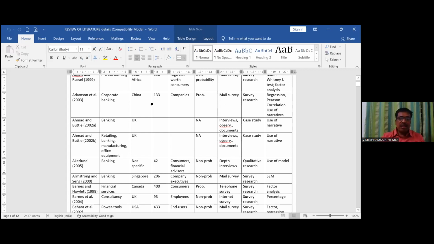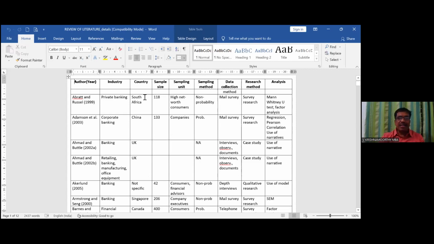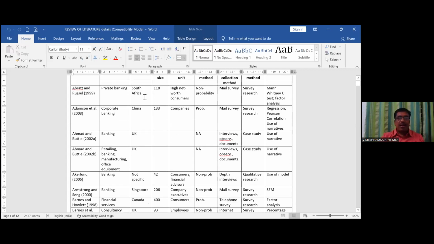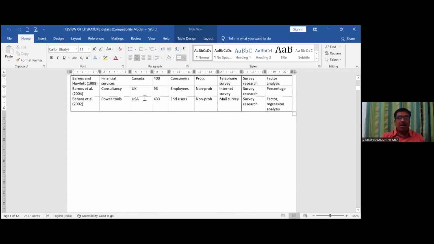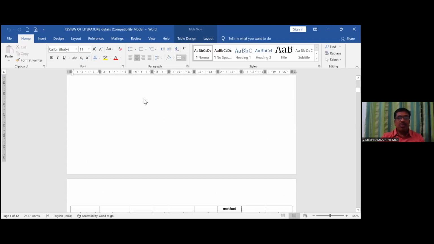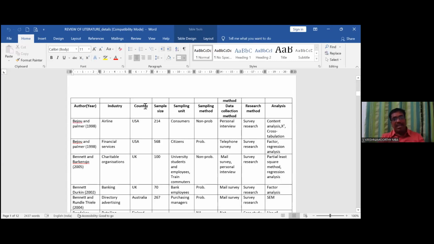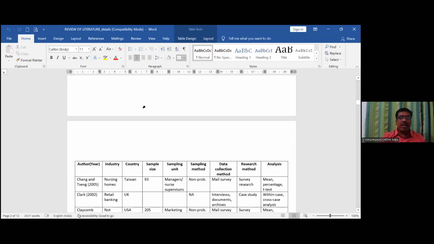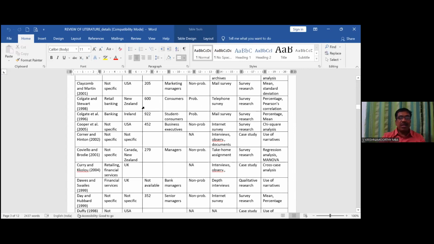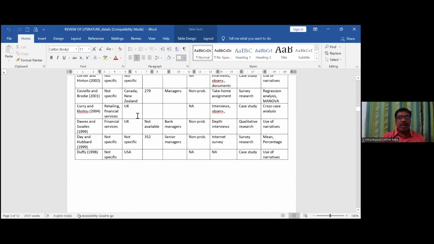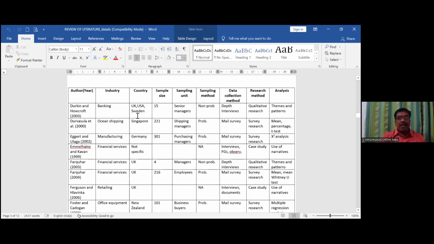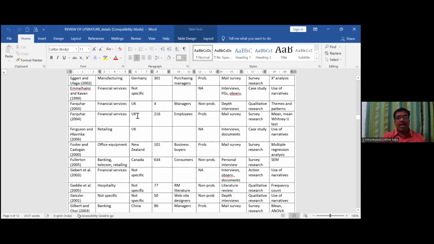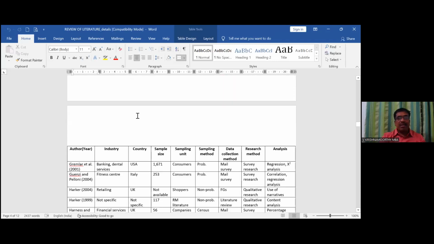See, for example, let's take a country. If you take country, almost all belong to foreign countries: UK, Taiwan, USA, New Zealand, Canada, UK, USA, Singapore, Germany, UK, Canada, China, Italy.